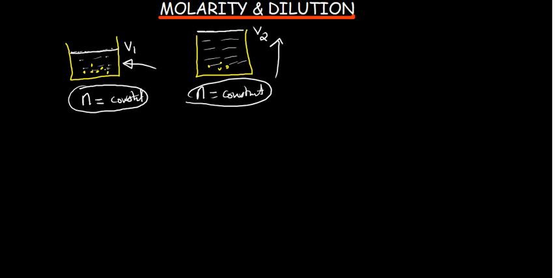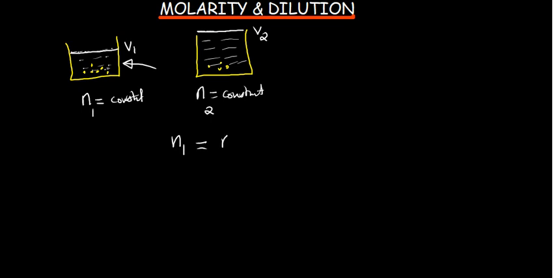That sweetness is what we call concentration. So the concentration reduces when the volume is more, but the number of moles still remains the same. So from here you can see that the number of moles that we started with is equal to the number of moles that we are going to end with. So we say N1 is equal to N2. But from the formula we know that molarity is given by concentration.